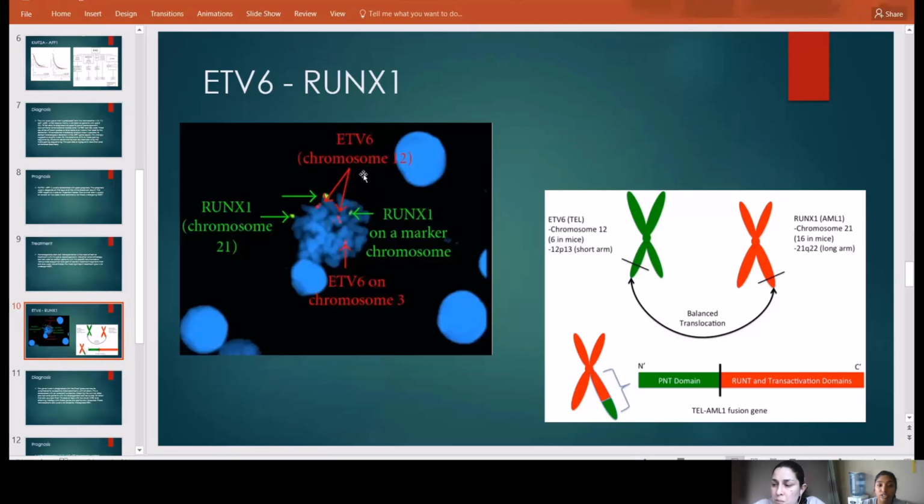You can see which gene regions, all on the fluorescence hybridization. And they also show how these two, the ETV6 and the RUNX1 genes, end up fusing, and that's how they come about with this fusion. And they continue making repeated copies of itself.